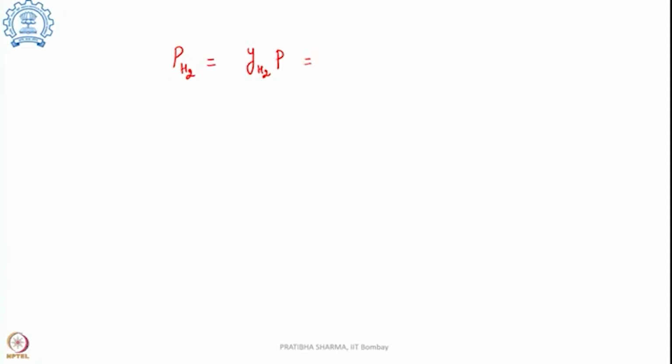Given that the mole fraction of hydrogen in the problem is 0.6791, it was the mole percent, now we have converted it, and the total pressure is 15 bar, which is nothing but 1500 kilopascal, and that gives a value of 1018.65 kilopascal. So, this is the partial pressure of hydrogen which we have got.